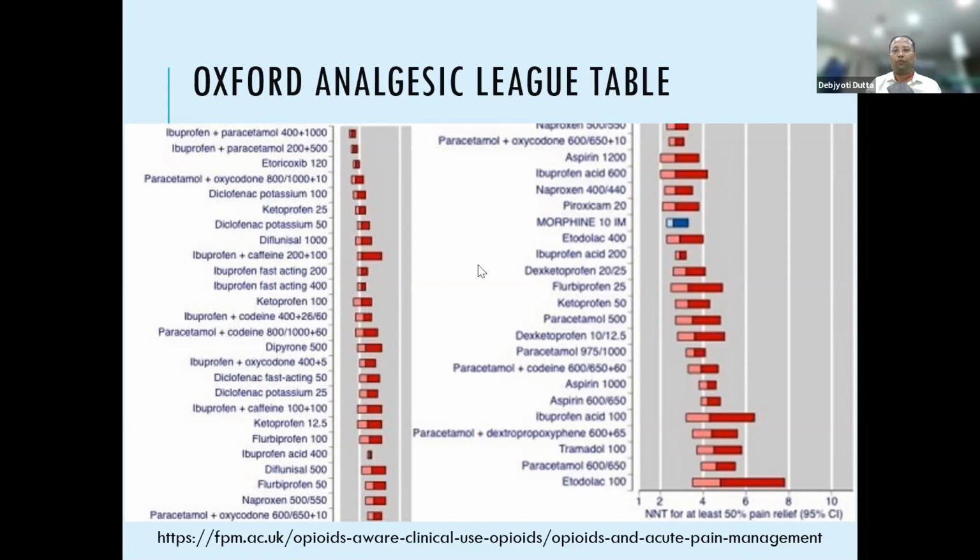These are not for neuropathic pain. These are for acute nociceptive pain, and it has been evaluated for 50% pain relief for the next 4 to 6 hours. So it doesn't apply everywhere, but you have to know.